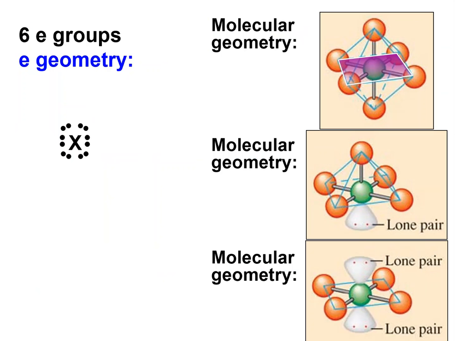Next one, if we have 6 electron groups, so this would be like if you have 12 electron pairs on the central atom. The shape has the square in the center, where the other one had the triangle. It is a flat square, and then there's one up and one down. So the electron geometry is called octahedral.